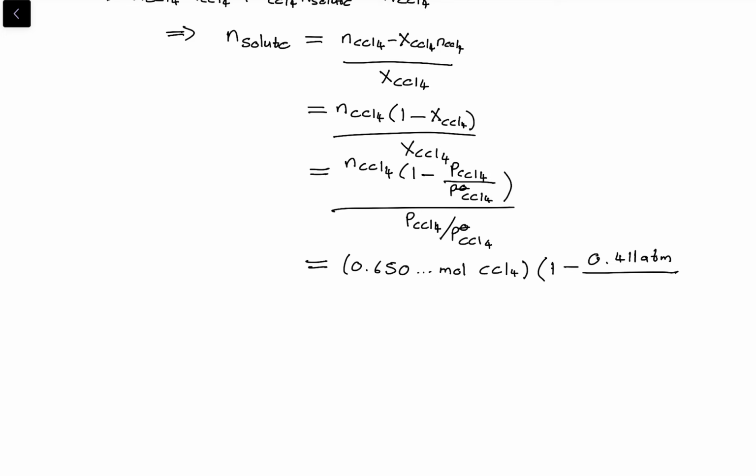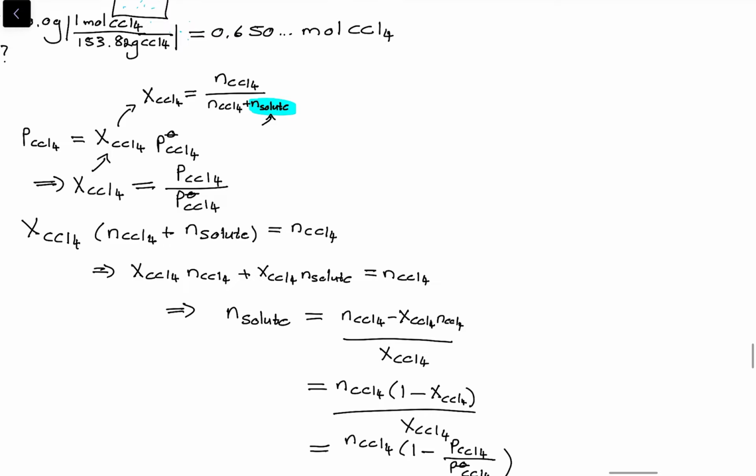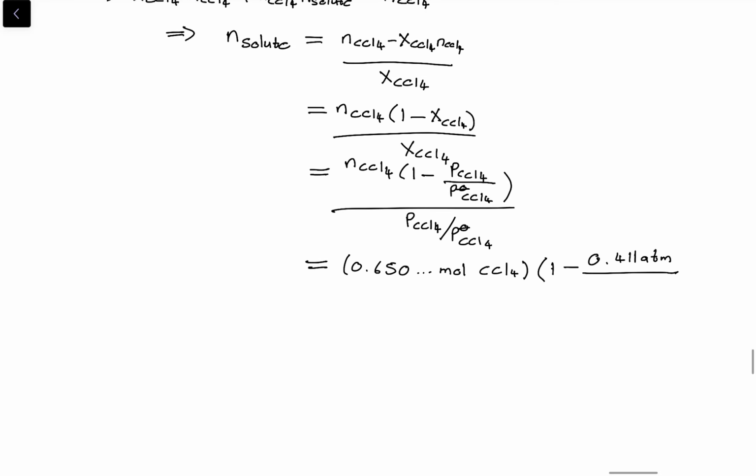The vapor pressure of pure CCl4, P naught CCl4, is 0.437 atmosphere.